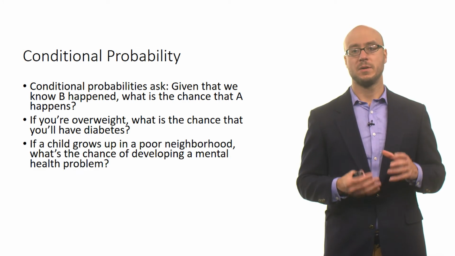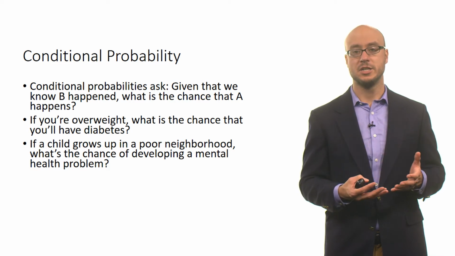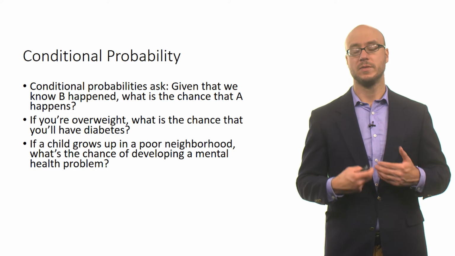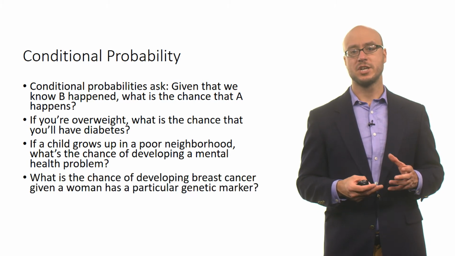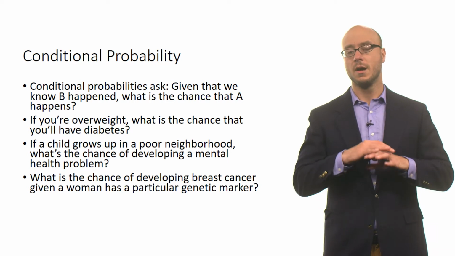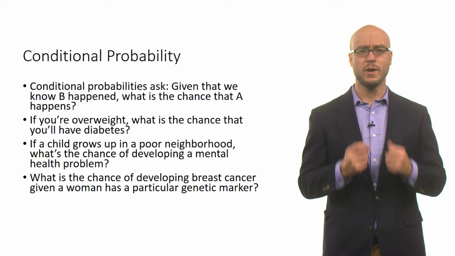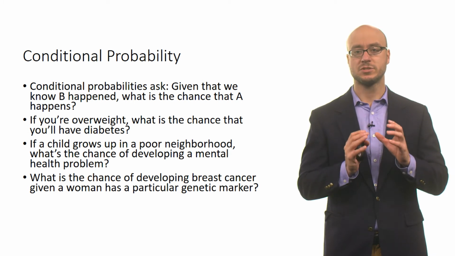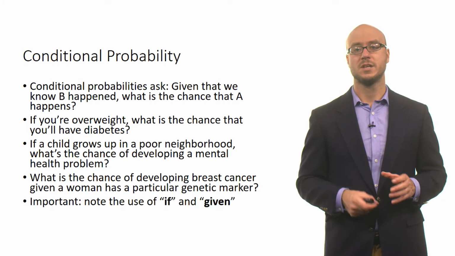If a child grows up in a poor neighborhood, so that's the conditioning event, what's the chance of developing a mental health problem? That's our event of interest. What is the chance of developing breast cancer given a woman has a particular genetic marker? Many, many questions of great interest in the social sciences and humanities entail conditional statements just like this.